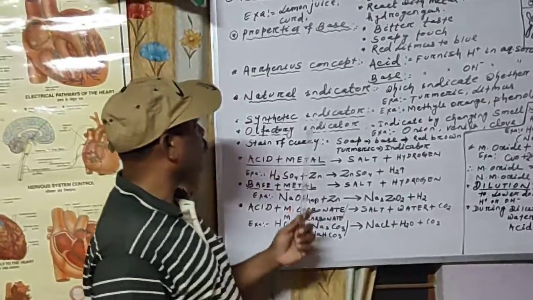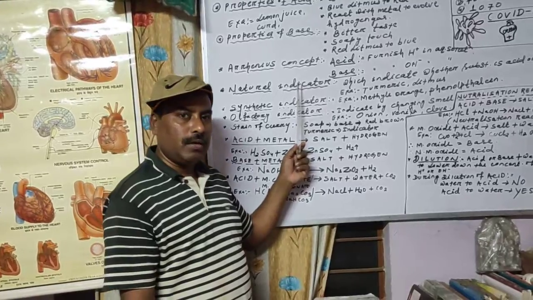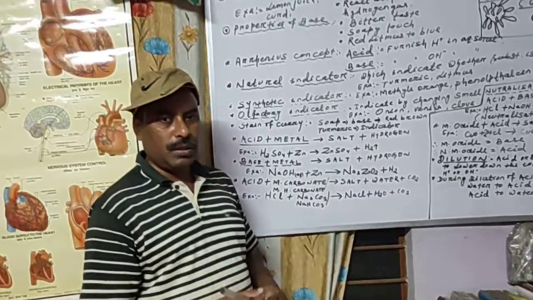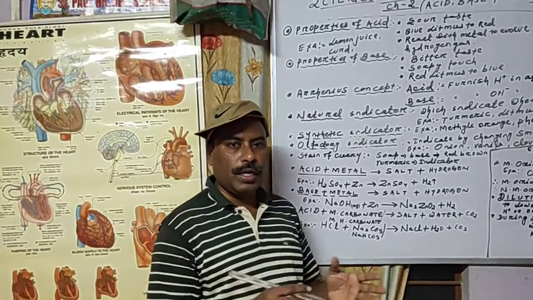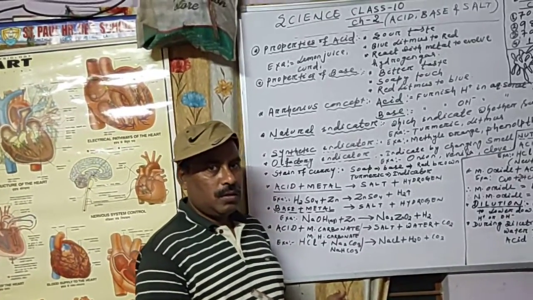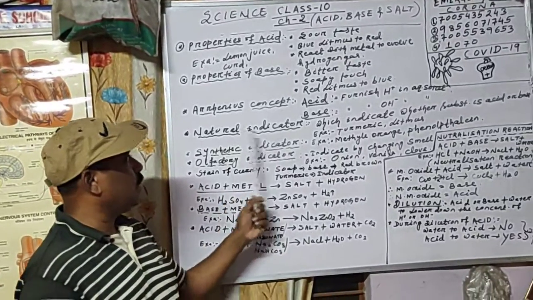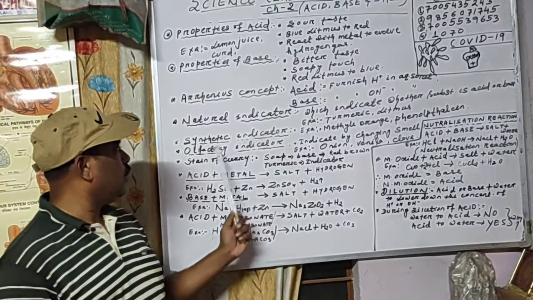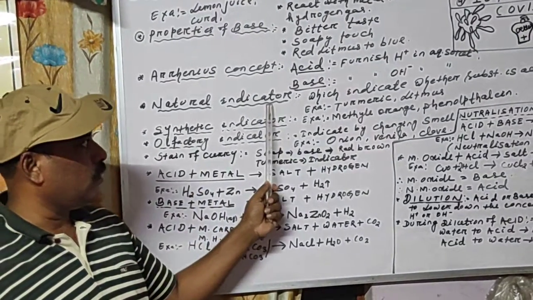Let us come to natural indicator. What do we mean by indicator? Indicators are those substances which indicate whether the substance is a base or an acid. So they are called indicators. Indicators are of different types here: natural indicator, synthetic indicator, olfactory indicator. We'll talk now about natural indicator.